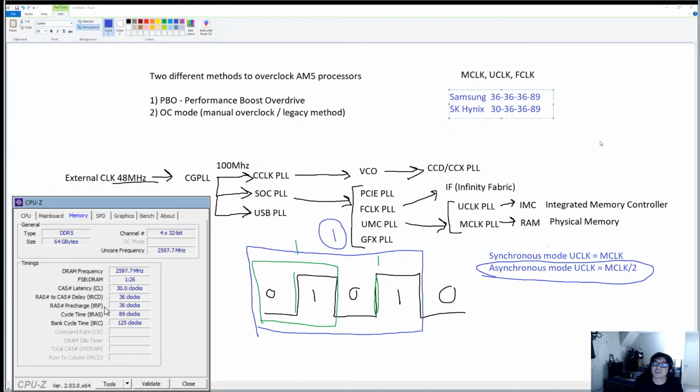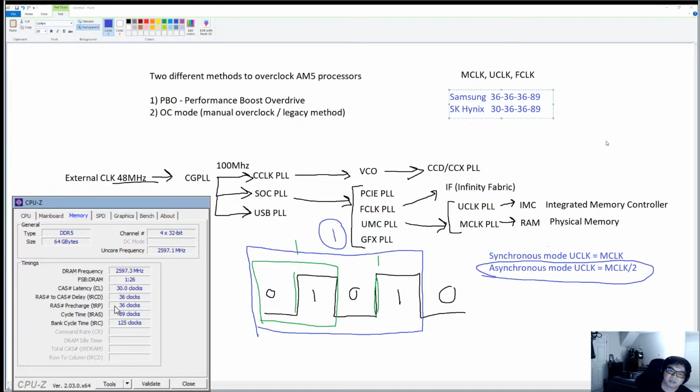Both had the same advertised frequency, but the sub timings were different. The Samsung was 36, 36, 36, and the Hynix was 30, 36, 36. So Buildzoid was spot on with his video going over different DDR5 DIMMs. It's pretty accurate.